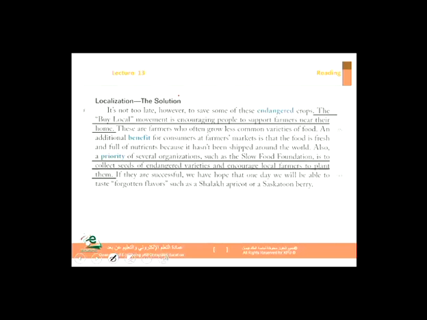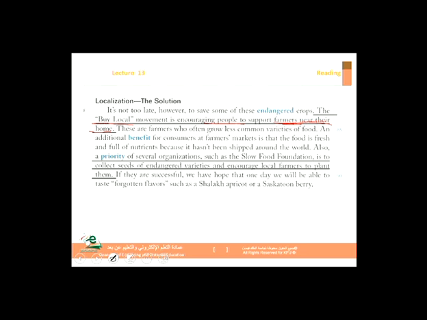That's the first one. The buy local movement is encouraging people to support farmers near their home. So buy local, don't buy from big companies, because big companies only produce one variety or two varieties. But with local farmers near your home, they produce many varieties.